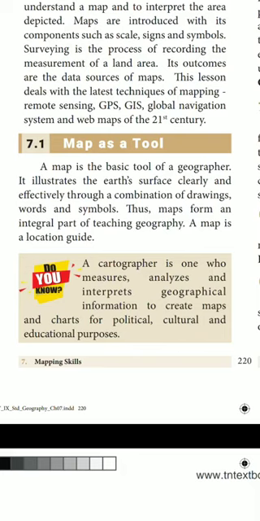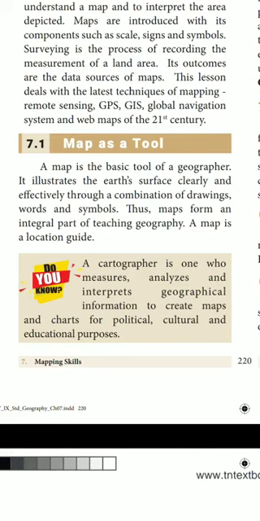Okay. So, what is a cartographer? Who is called as a cartographer is one who measures, analyzes and interprets geographical information to create maps and charts for political, cultural and educational purposes. For all these things only, one who has analyzed is called as a cartographer.